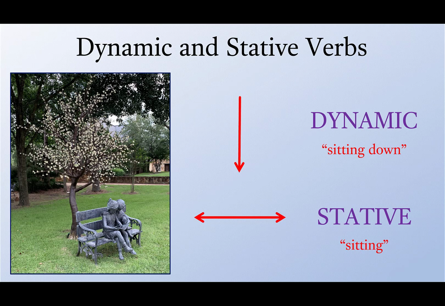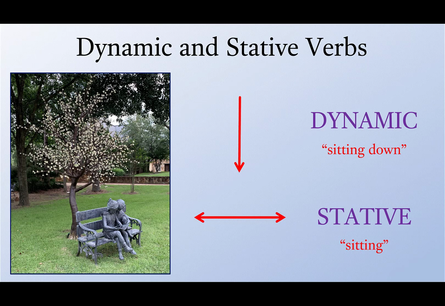So a dynamic verb is representing change through time. A stative verb is not change through time. And most English verb ideas that just naturally come to mind are dynamic. And one way of thinking about stative verbs is thinking of them adjectivally, meaning those figures are the sitting figures. They are sitting.